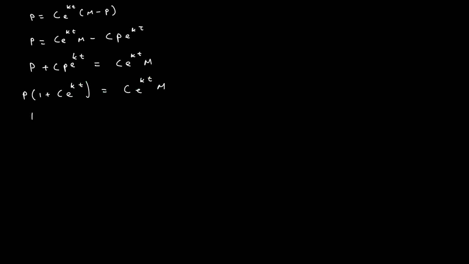Dividing, I get p is equal to c times e to the power of kt m divided by 1 plus c times e to the power of kt.